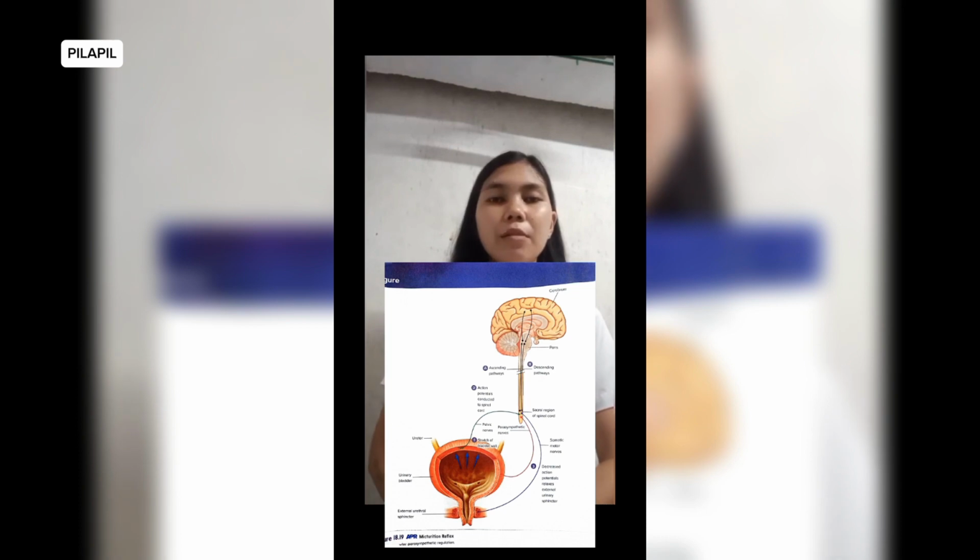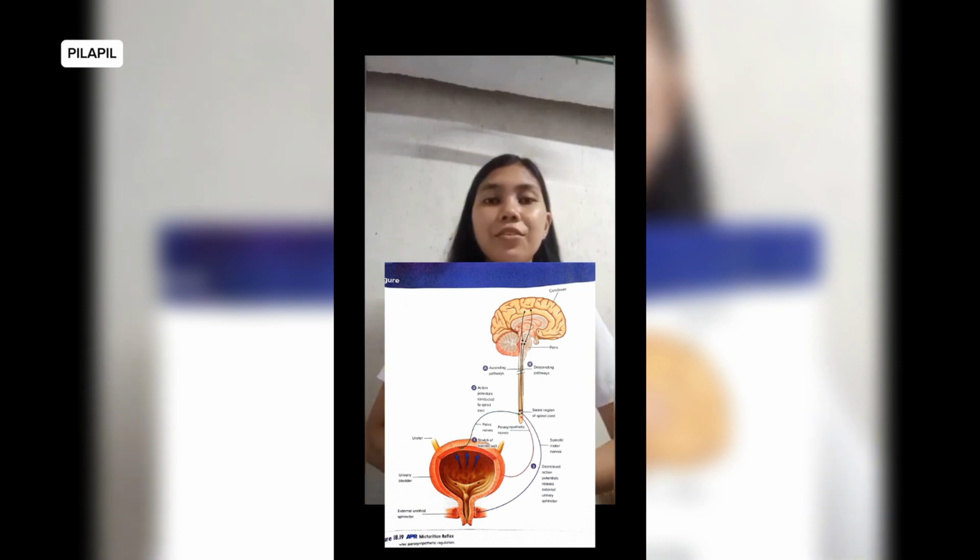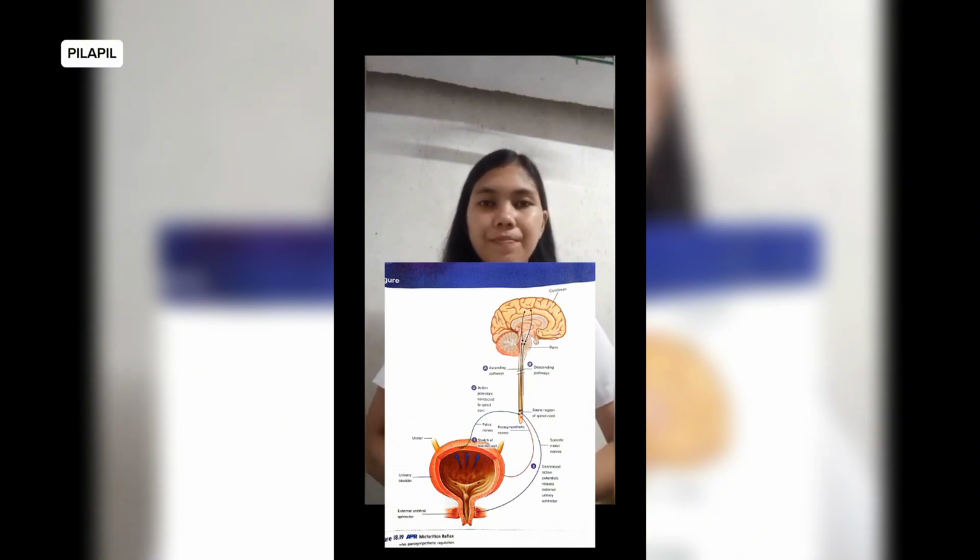The abdominal muscles also play a role in enhancing the micturition reflex, putting pressure on the bladder wall and aiding in the expulsion of urine. The need to urinate occurs due to the stretch of the bladder. When the bladder becomes sufficiently stretched, nerve fibers send signals to the brain, signaling the urge to urinate.